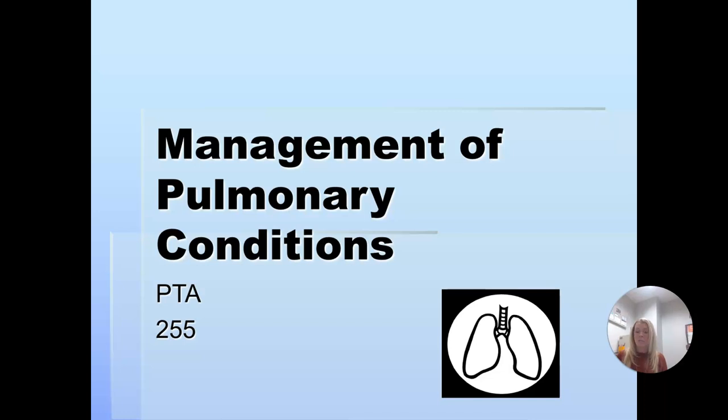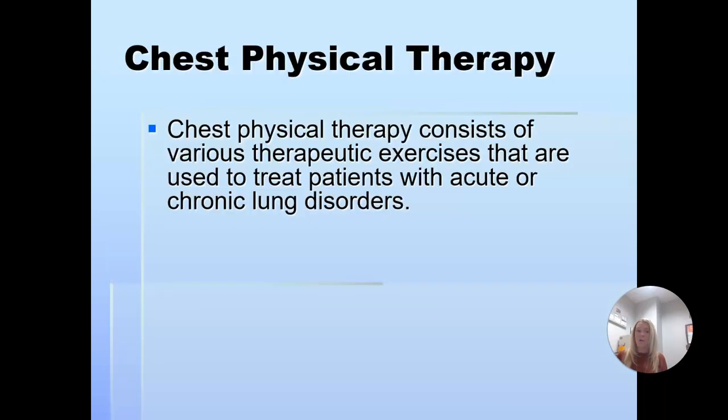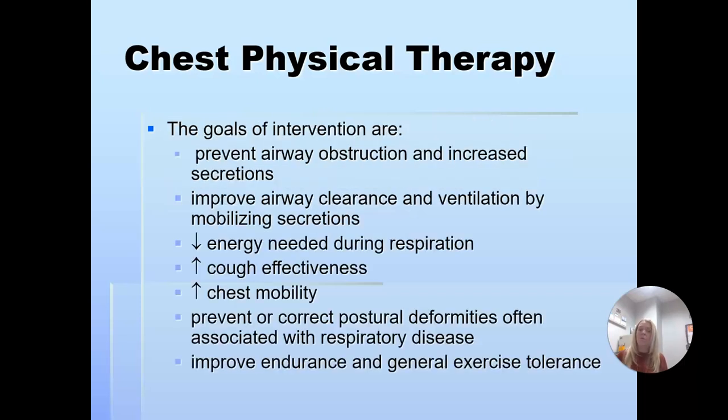All right, we're going to switch into pulmonary conditions now. So pulmonary physical therapy is therapeutic exercise used to treat patients with acute or chronic lung disorders. The goals of intervention are going to be to prevent airway obstruction and decrease secretions in the lungs, mobilize those secretions if they are there, to improve their airway clearance and improve the ease of ventilation.